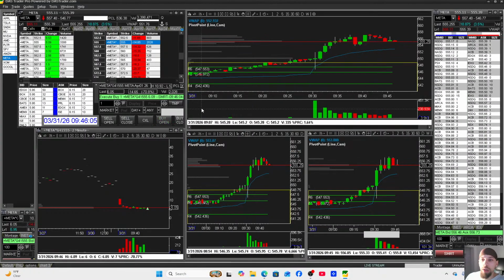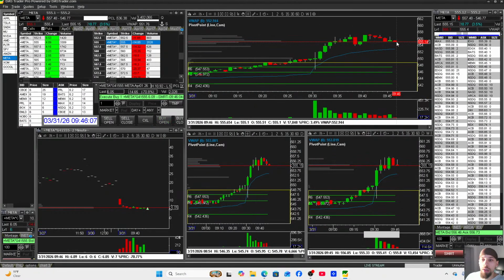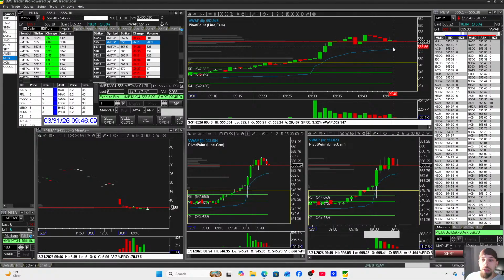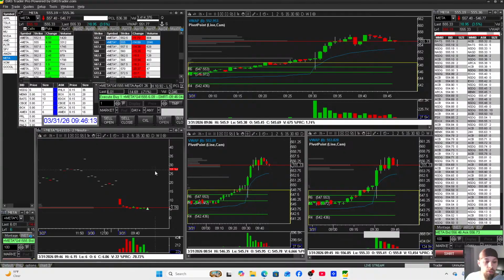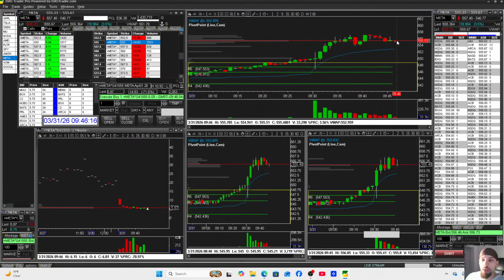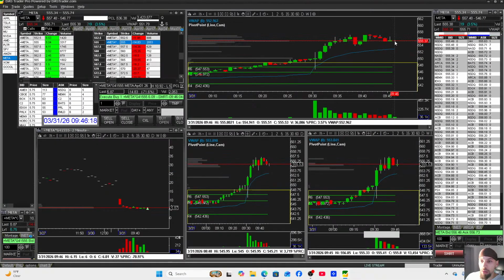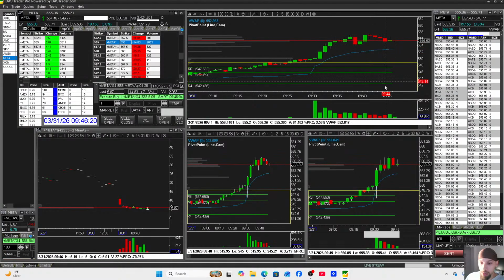Take one contract, so I'm expecting a pullback, maybe at least to VWAP. So I'm long puts, just one contract, looking for a move downwards here.